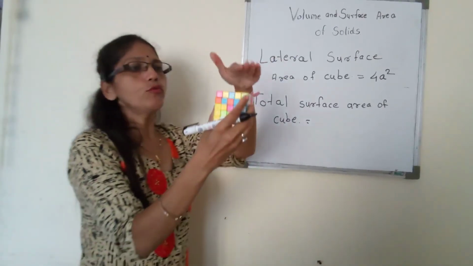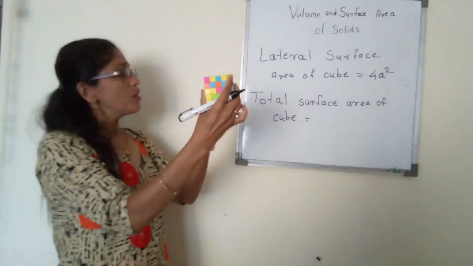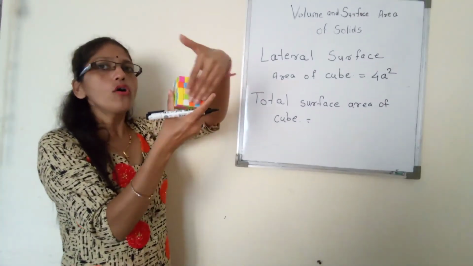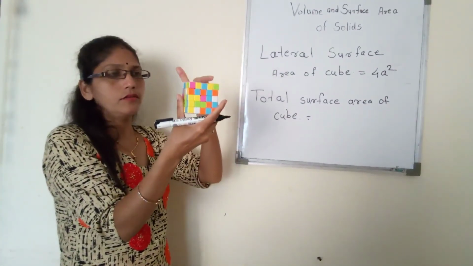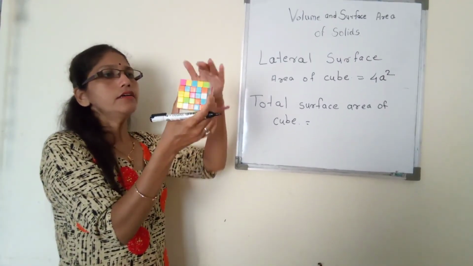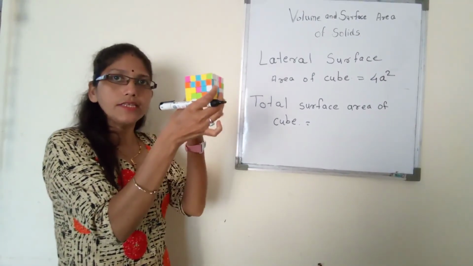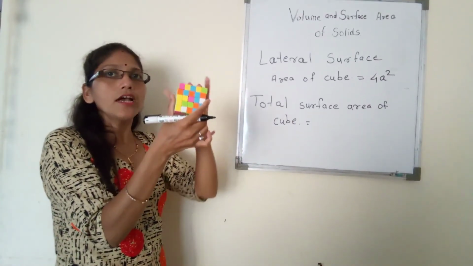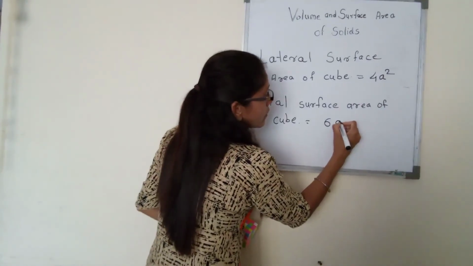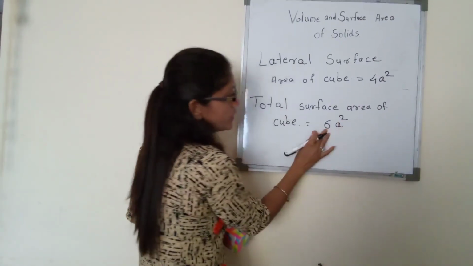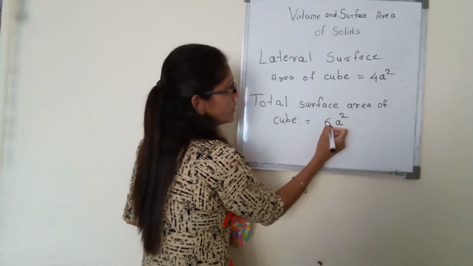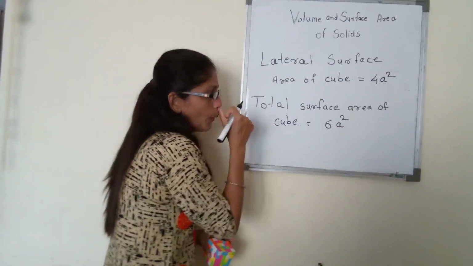Lateral means I removed this one and this one, but total means I have to add all these squares' areas. So what will be the answer here? There are 6 squares, so the 6 areas of the square is equal to 6a square. That means 6 times the area a square, that is 6a square.